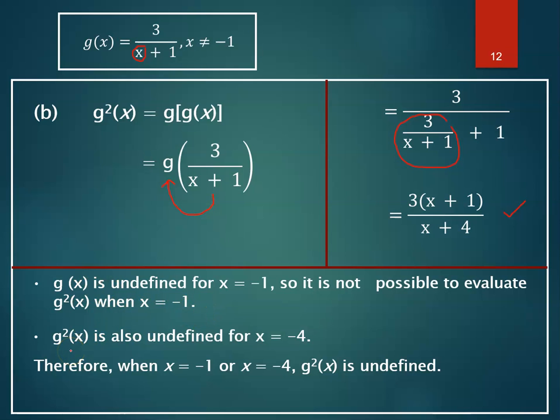And then the second point is that g square x is also undefined for x equal to negative 4. Because when you substitute the x value into here, you get negative 4 plus 4, you get 0. Okay, anything divided by 0 is also undefined. So these two numbers, x equal to negative 1 and x equal to negative 4, make your function undefined. Therefore, when x equal to negative 1 and x equal to negative 4, g square is undefined.